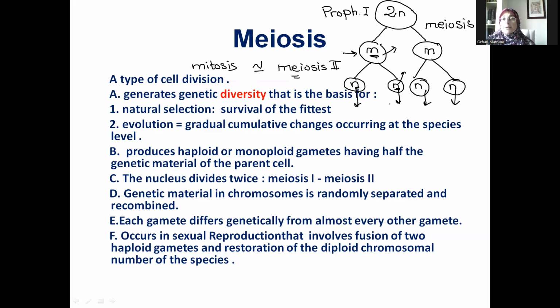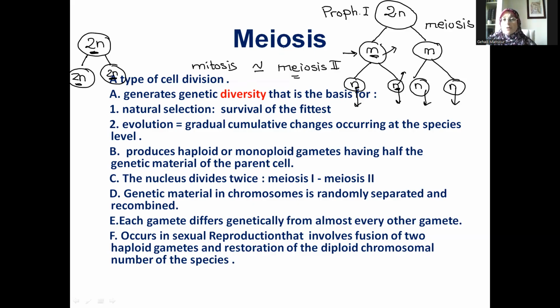And this is another difference between meiosis and mitosis. In mitosis, you start with 2N, and you end up with two cells, each having 2N, whose chromosomes are exactly similar to the original chromosomes.